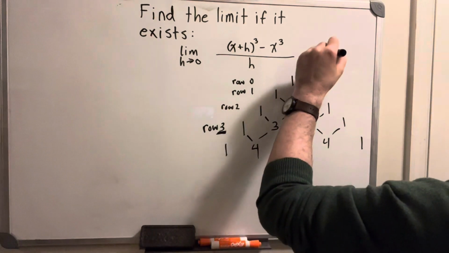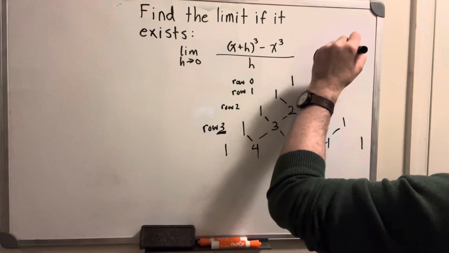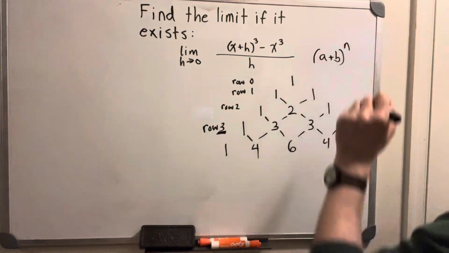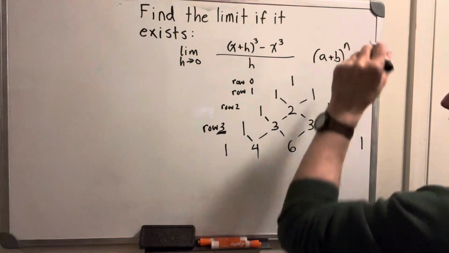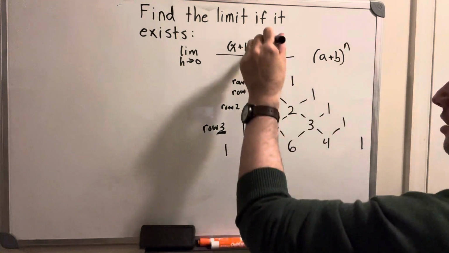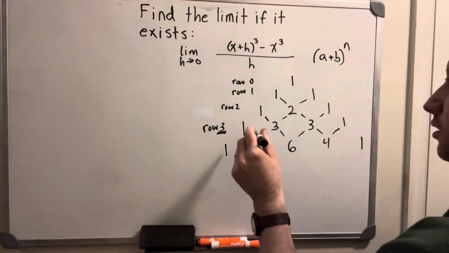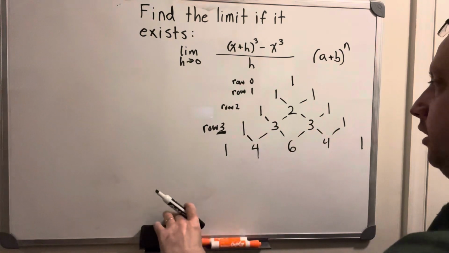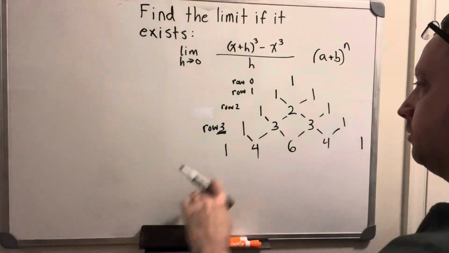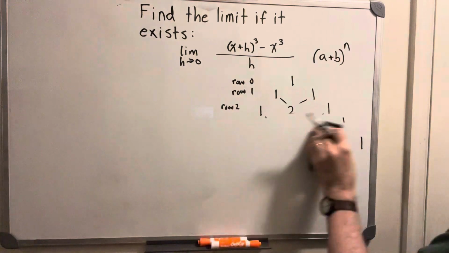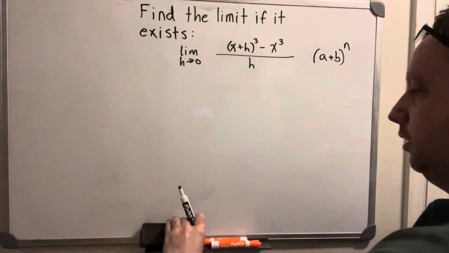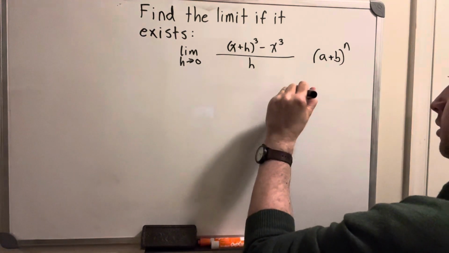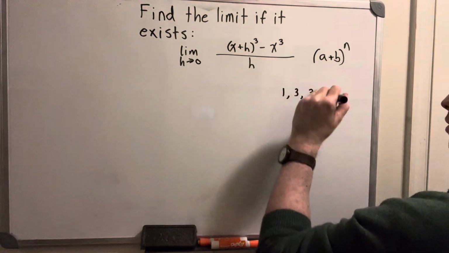If you're solving for a plus b to the nth power, where n is a positive integer, you use row n. This is the third, so we're going to use this row right here, 1, 3, 3, 1. Okay, I'm going to write that down right here, 1, 3, 3, 1.